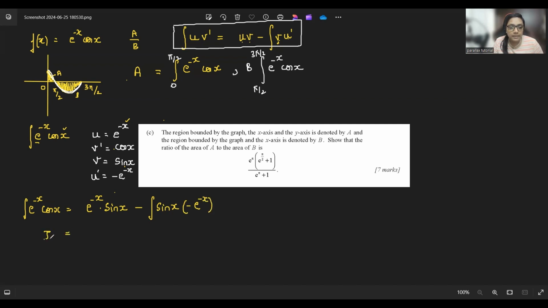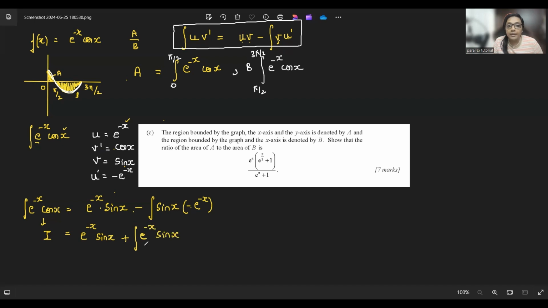Let's write this down as I. Integral of e to the power minus x cos x is taken to be I. So I is equal to e to the power minus x sine x. This minus and minus cancel out, so you put a plus integration of e to the power minus x sine x.